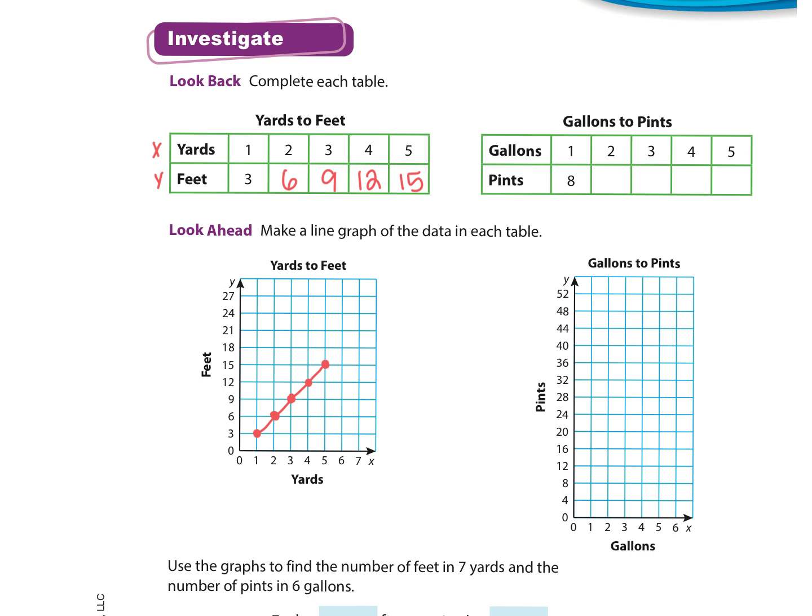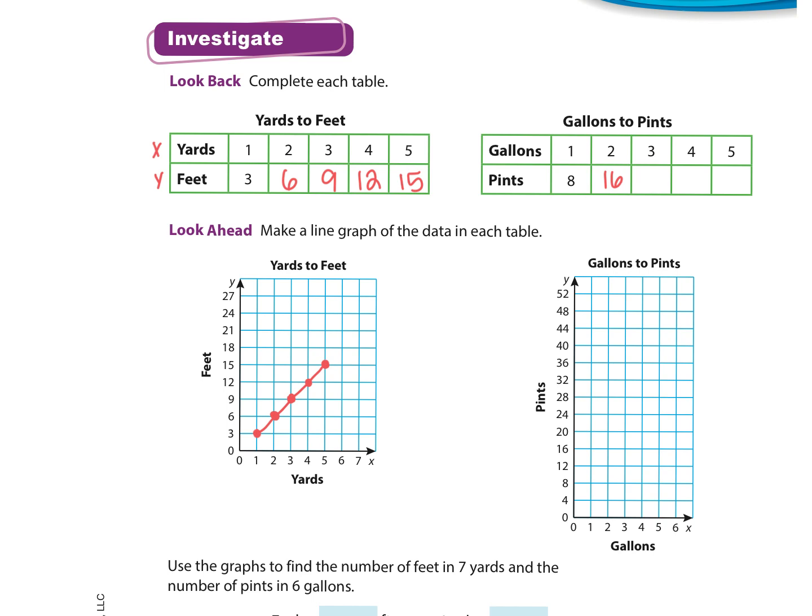On the one on the right, I have gallons to pints. So I'm comparing the number of gallons to the number of pints that would be equivalent to that. 1 gallon is going to be equal to 8 pints. So if I have 2 gallons, I want to multiply the number of pints by 2 also, which means that 2 gallons is equivalent to 16 pints.